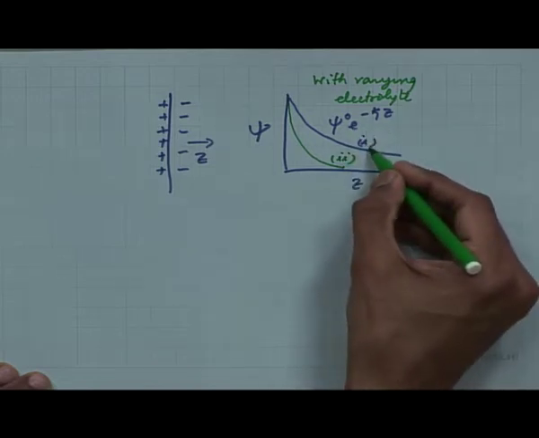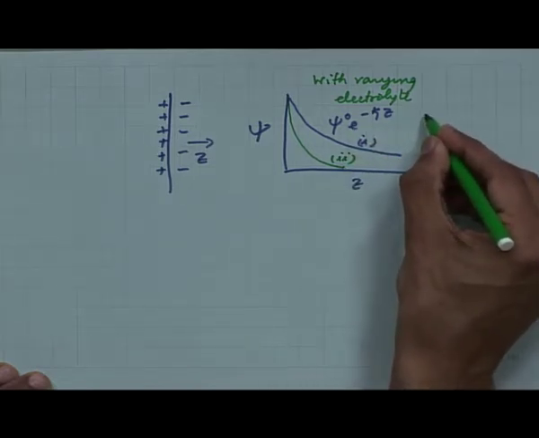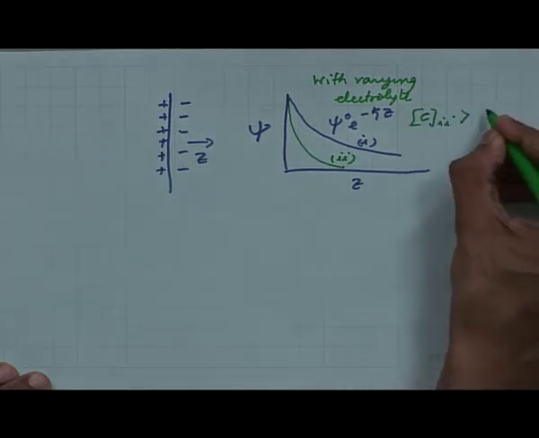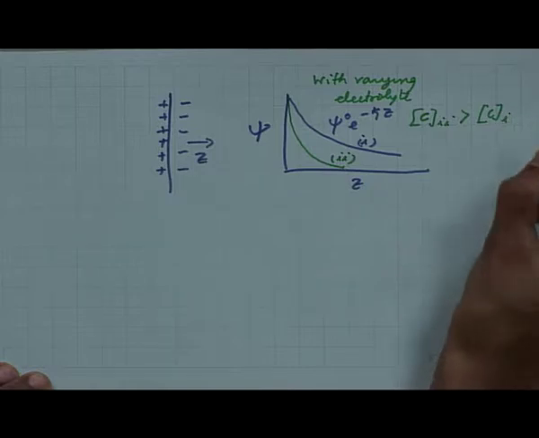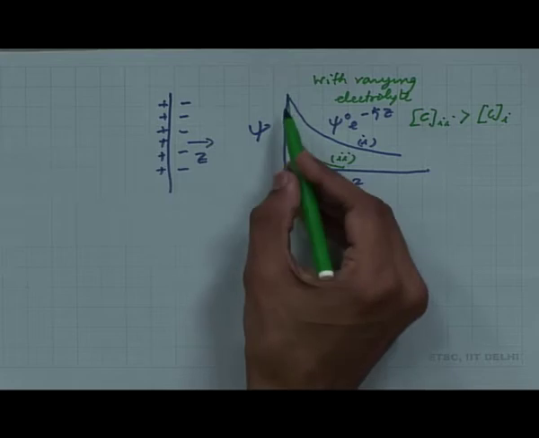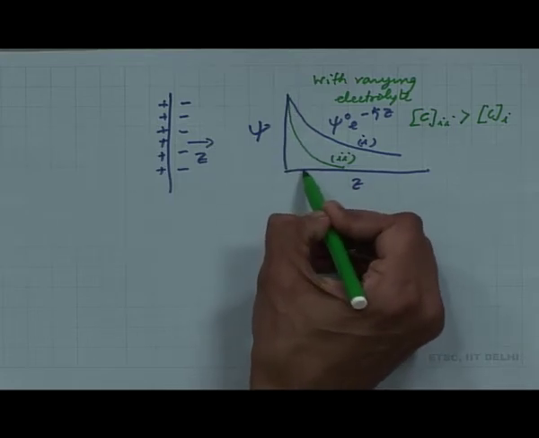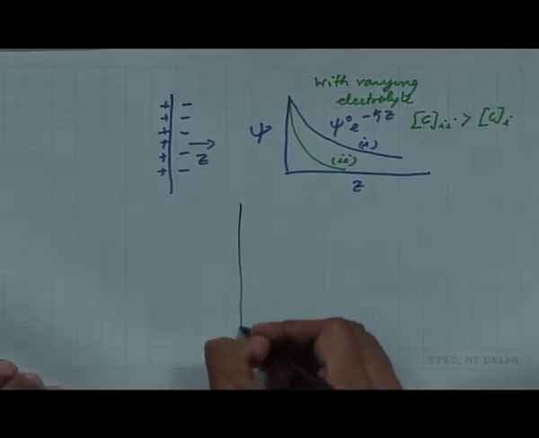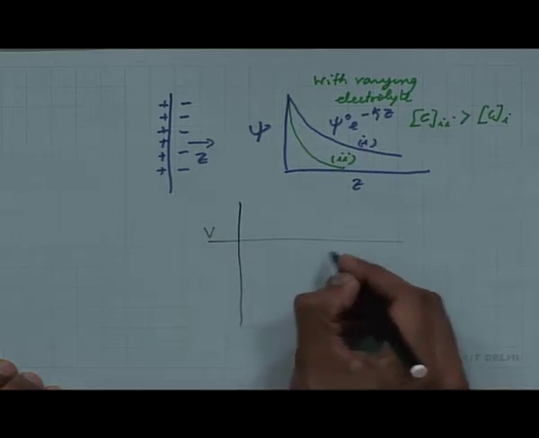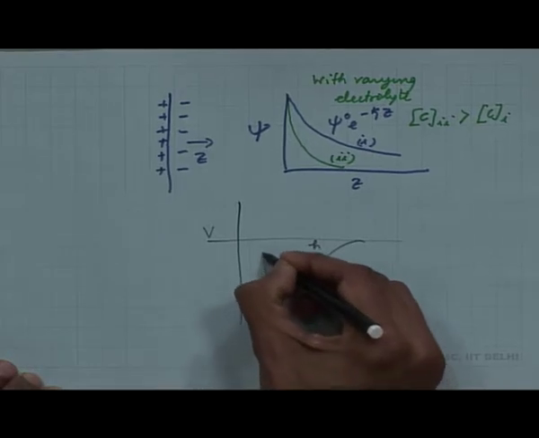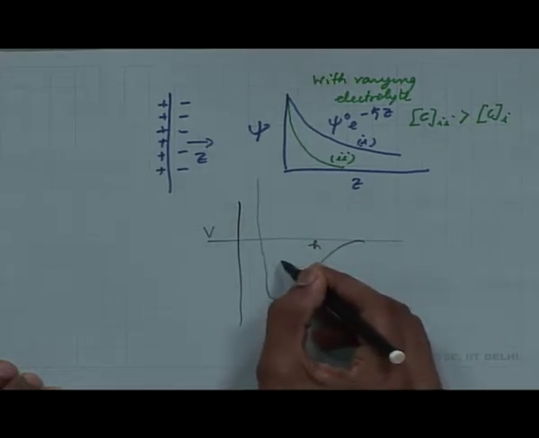And what we are saying is, when the electrolyte concentration in 2 is greater than in 1, the potential starts to drop, and then in your V as a function of H, you are not going to see that barrier and it is going to go like this, which means that it would aggregate.